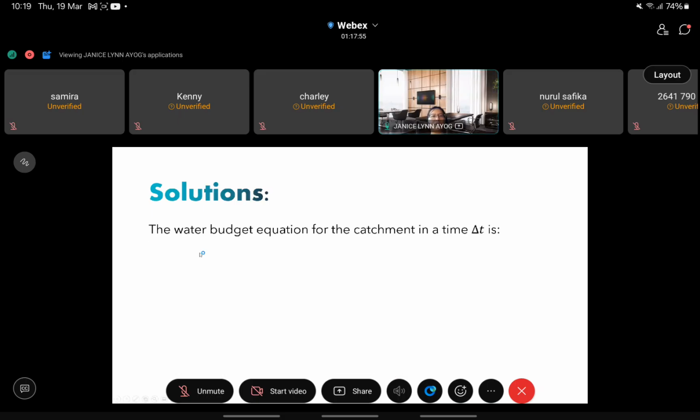Okay, so the water budget equation for the catchment in time delta T is this, because we're only dealing with the infiltration, groundwater, and also evaporation being lumped into losses. Now, given that delta T, which is the duration of runoff, is 10 hours.